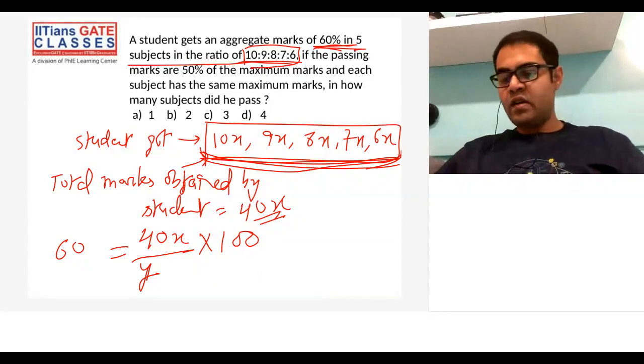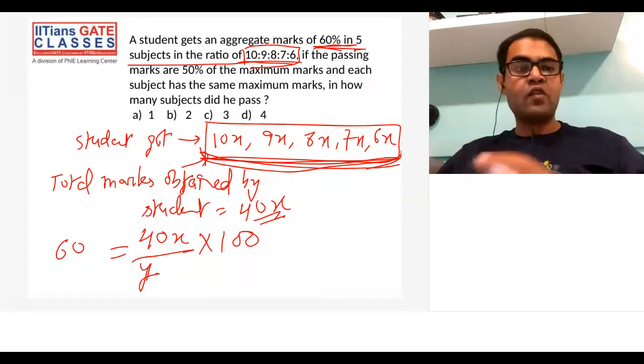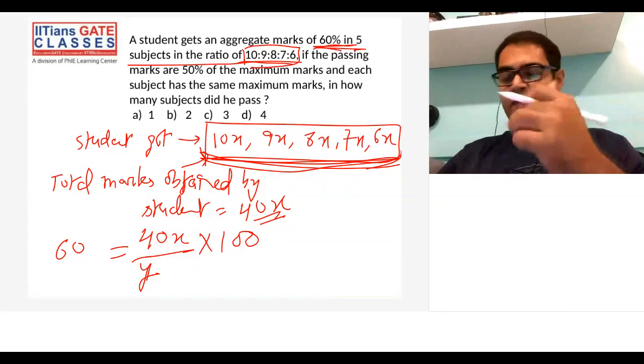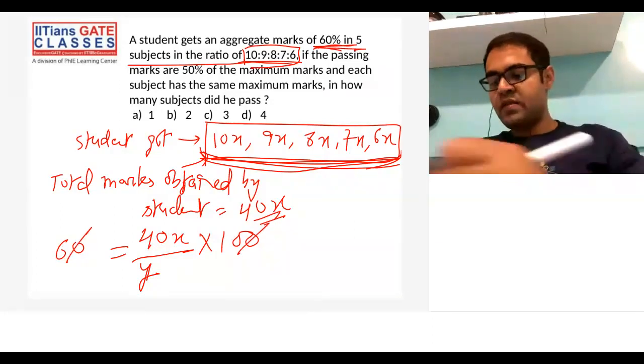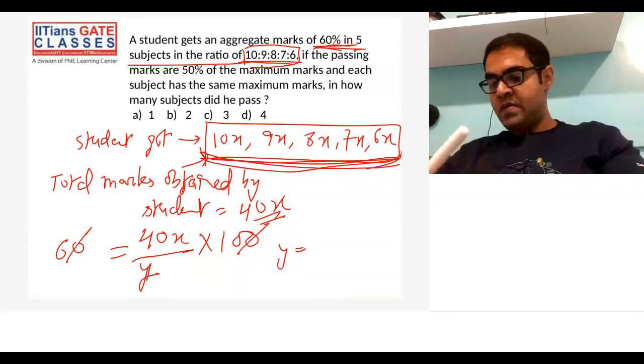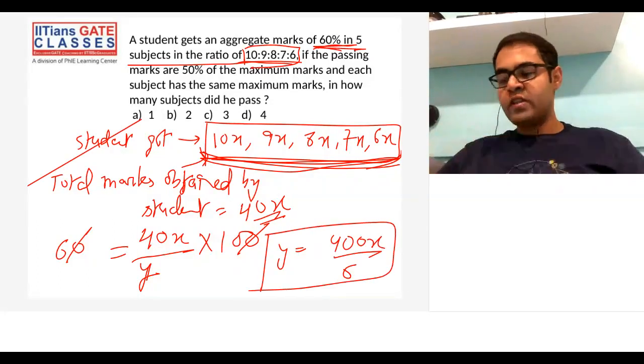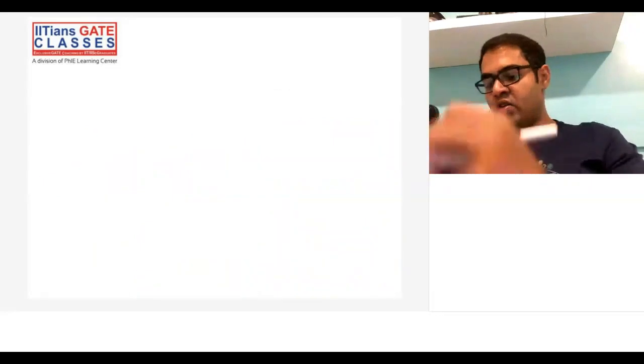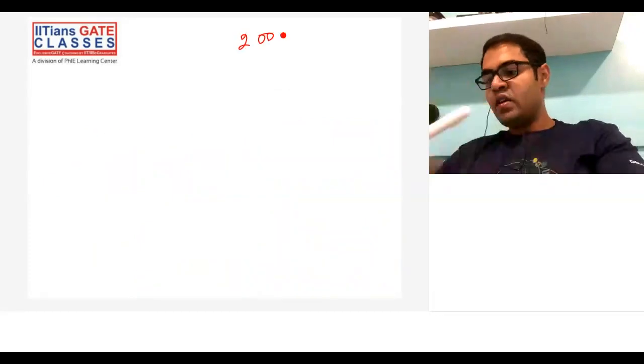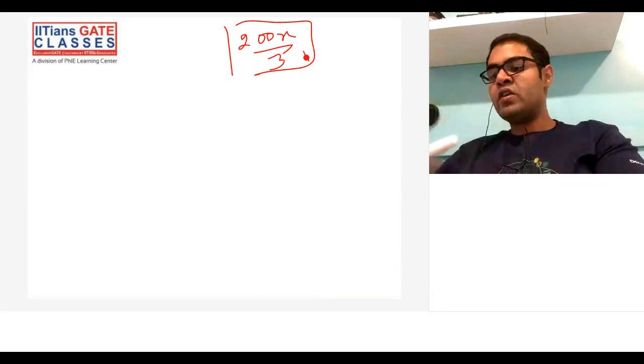So I can get the total marks for all 5 subjects. What are the total marks? This cancels with this, and y becomes 400x by 6, or you can say 200x by 3, are the total marks for 5 subjects.